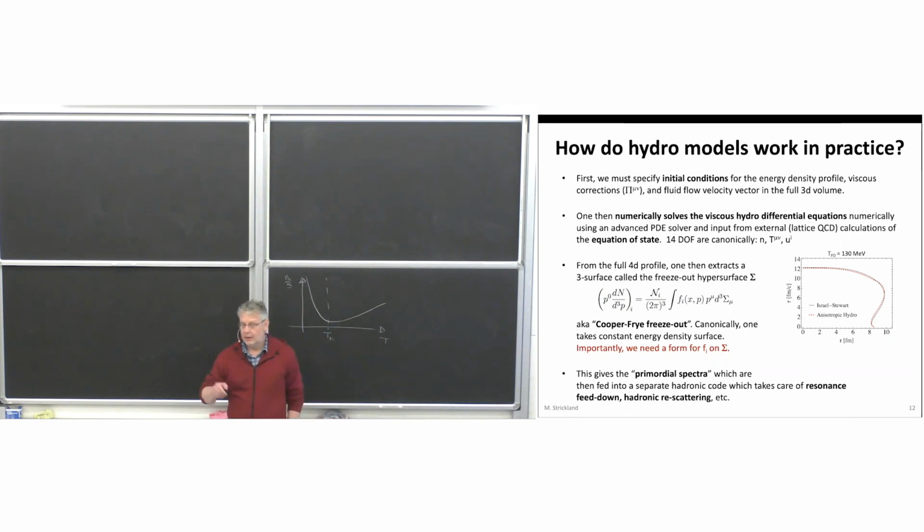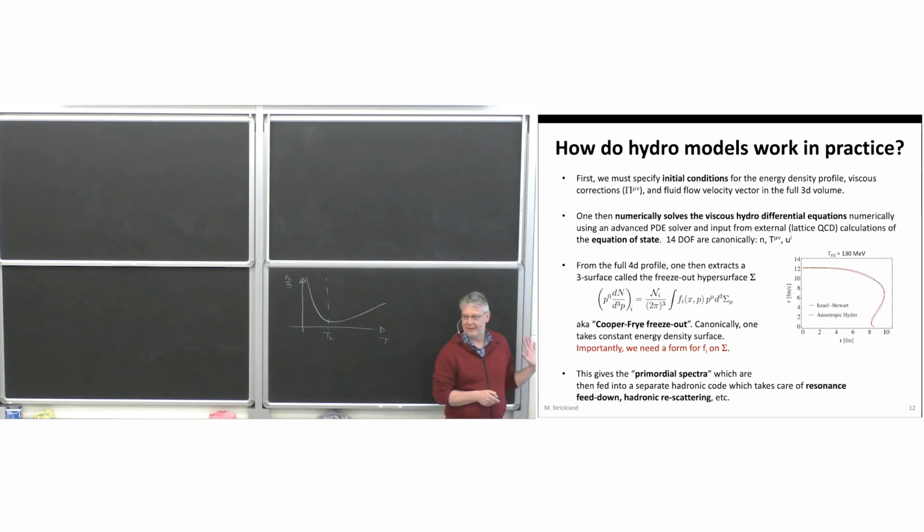So you extract the hypersurface through that formula, or do you need it to calculate? You have to determine this. Typically, it's determined numerically. And the way you do that, and there's different prescriptions, but usually in practice, you have to find an equal energy density surface. So that's what this surface here is. I found where the energy density was equal to the lattice equation of state with a temperature of 130 MeV.